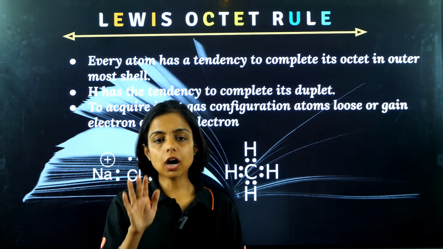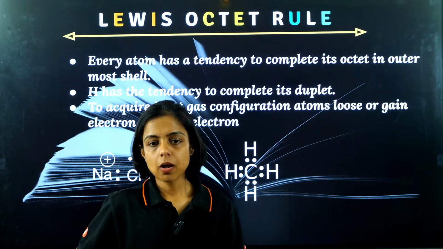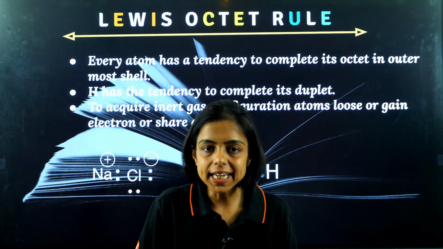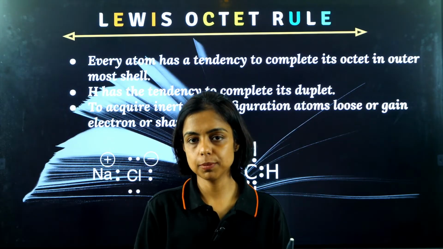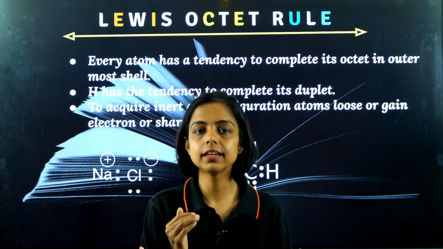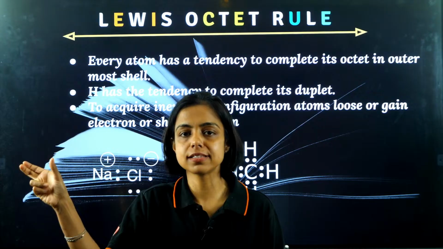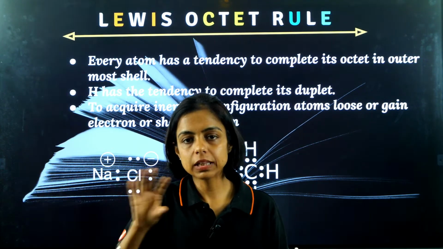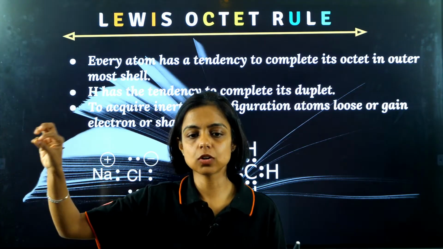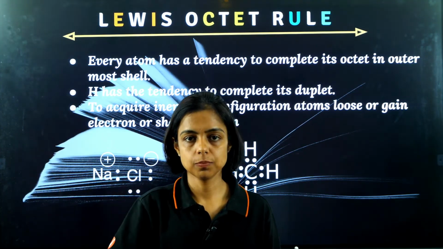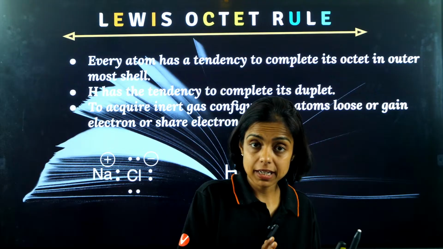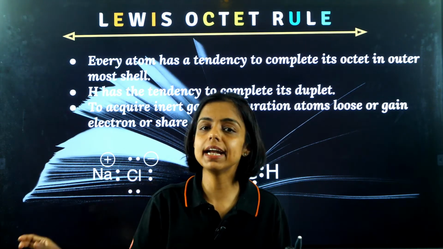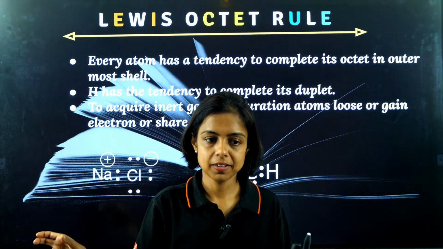According to Lewis, every atom has a tendency to complete its octet to become stable, because noble gases other than helium have 8 valence electrons. Neon, argon, krypton, xenon all have 8 electrons in their outermost shell. So every atom has a tendency to have a complete octet.